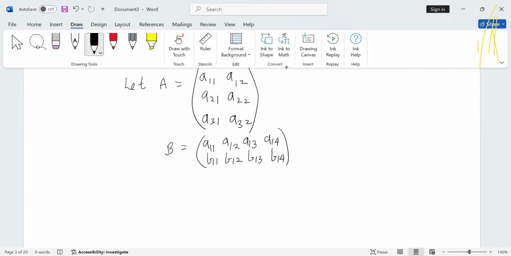What is the order of matrix A? 3 by 2. 3 rows and 2 columns.